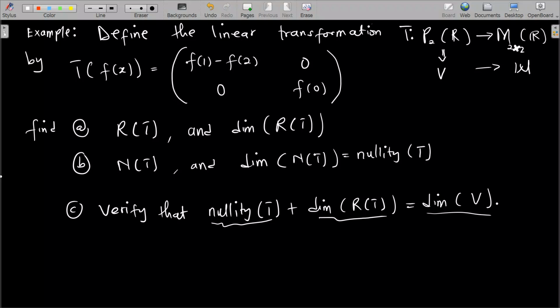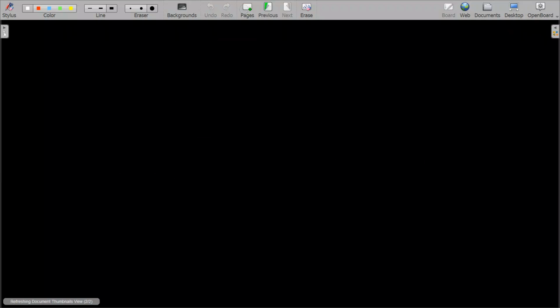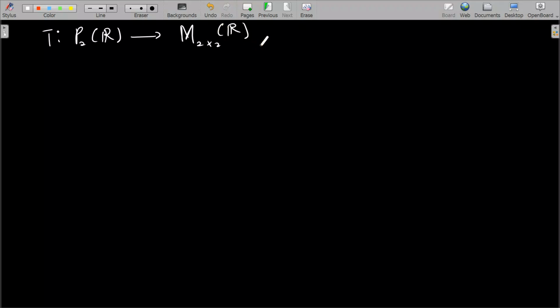Now we have a transformation defined by T, such that we take a polynomial of degree 2 in R and map it to a 2 by 2 square matrix in R. It's defined by T of f of x, where f of x is a polynomial of degree 2, giving f of 1 minus f of 2 as my first matrix entry, then 0, 0, and then f of 0 here.